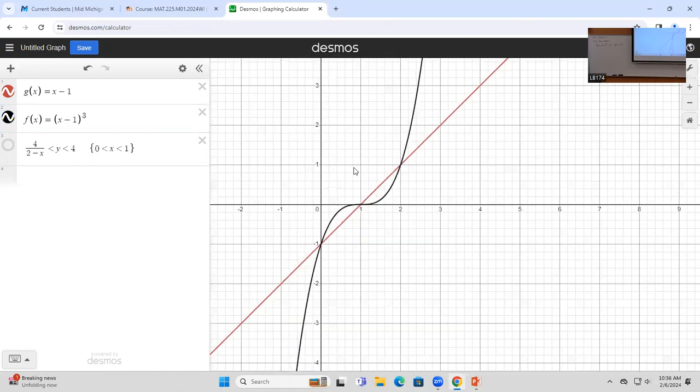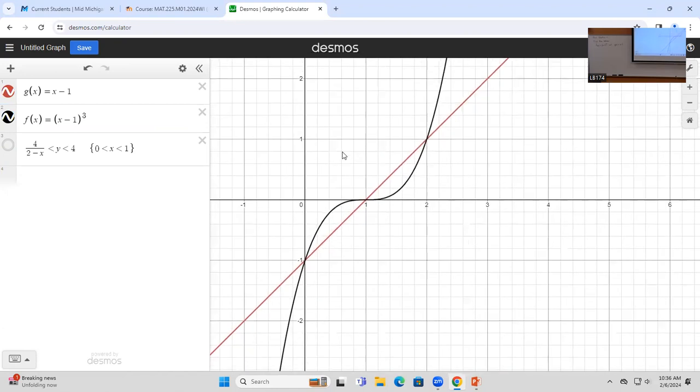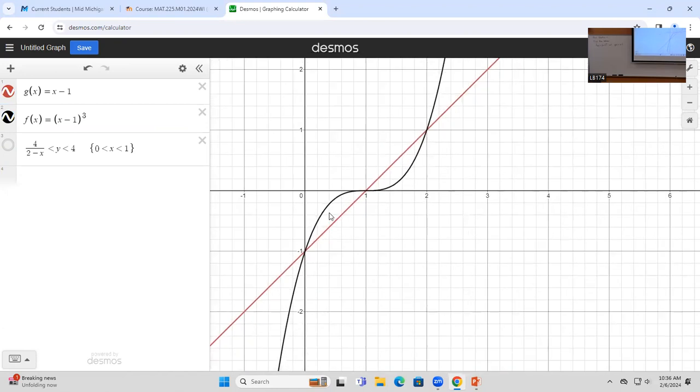So even if it says bounded region, I want you to notice there's actually two regions that are bounded by those two curves.